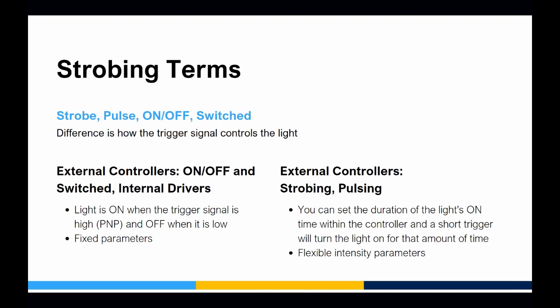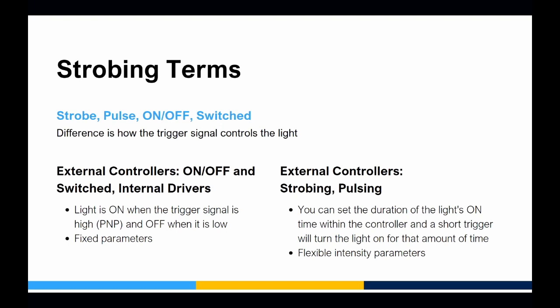Versus if you're looking at a CCS or Gardasoft controller, their spec sheets, and you see strobing or pulsing, that means that you can set how long the light is going to be on and then just have one short trigger turn the light on for that amount of time. So if my exposure time is 100 microseconds and I want to have my light on for 150 microseconds to make sure that my full exposure time is being illuminated, I will take my controller and go through the settings, set my pulsing time to 150 microseconds.